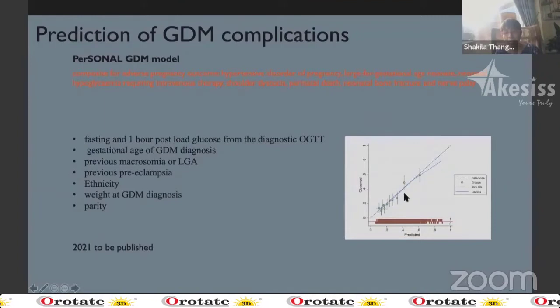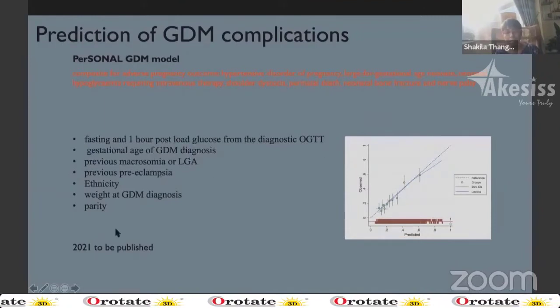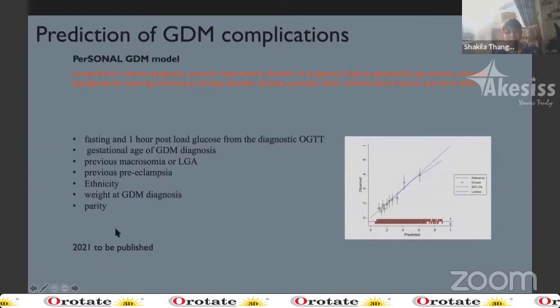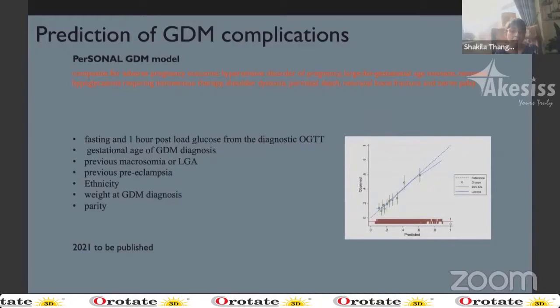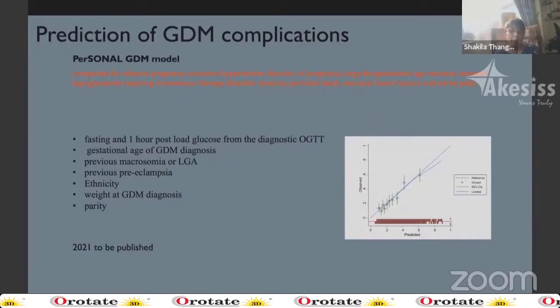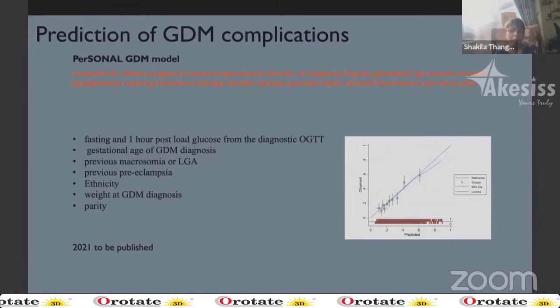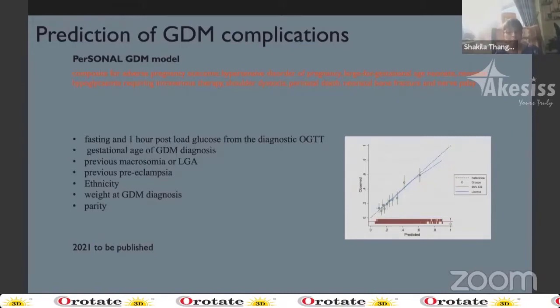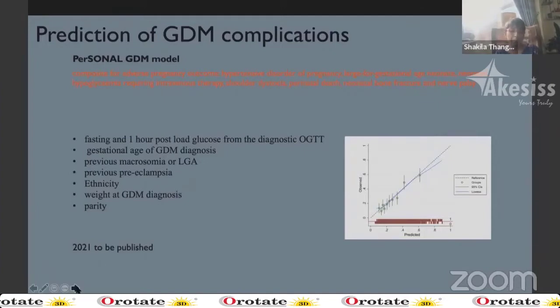And as you can see, the model performs very well calibration-wise. So this will help to prioritize those women who need closer monitoring and those who probably don't need that much intense monitoring. And also those who can be safely taken to 40 weeks and more, and those who need to be delivered much earlier.